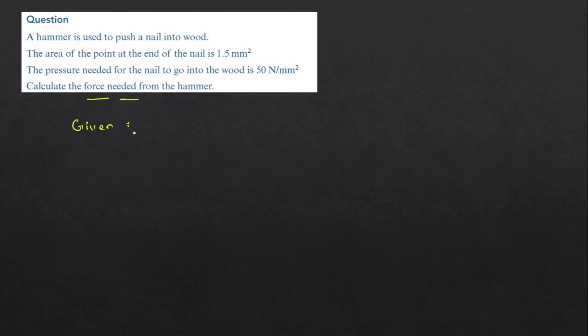Here we are given the area of contact, 1.5 millimeter square. Then we know the pressure, 50 Newton per millimeter square.